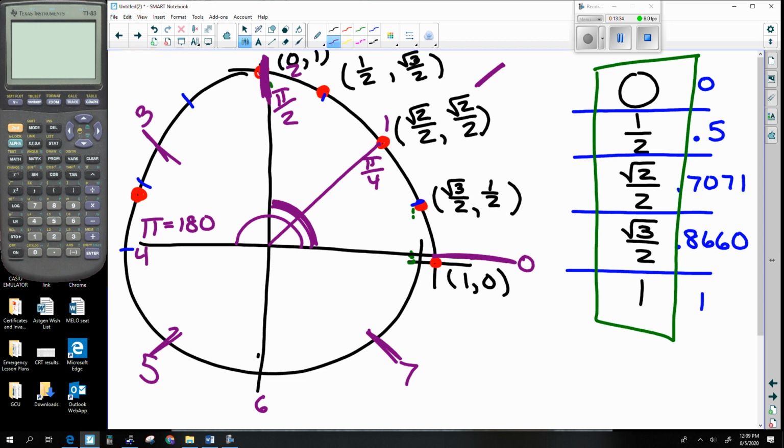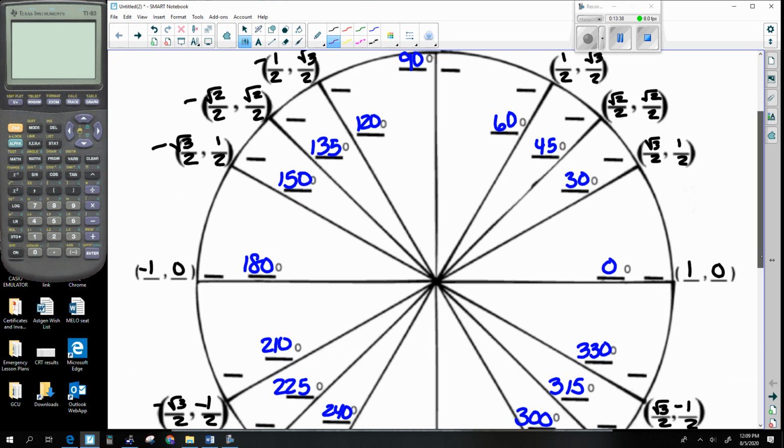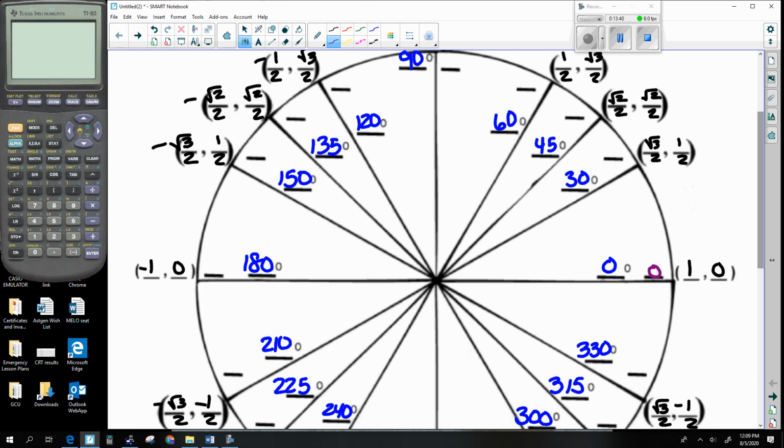All right, so I'll jump back to the unit circle and actually put those into play. So 0 begins here. So this is 1/4. Yeah, I would call it that. 2/4, aka 1/2. 3/4, and 4/4.